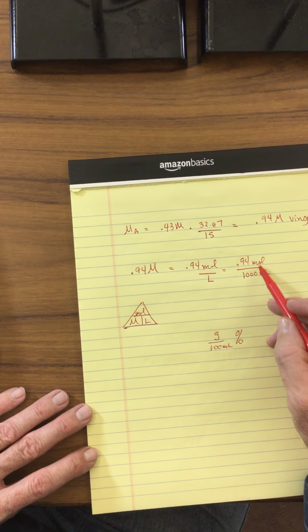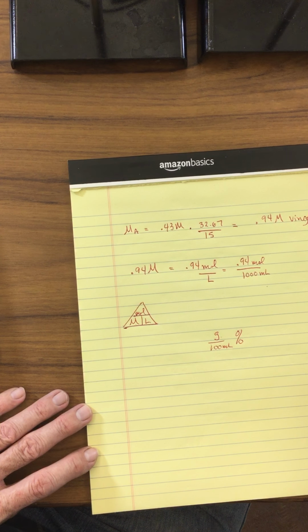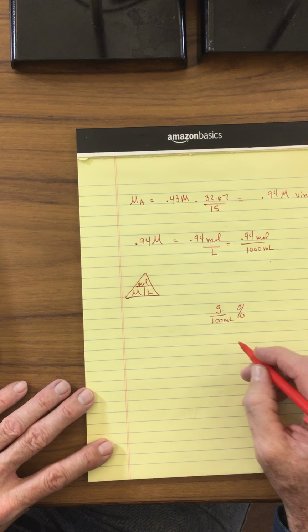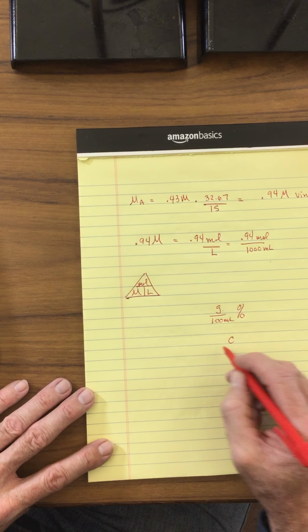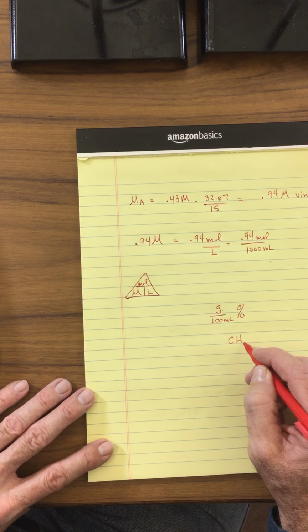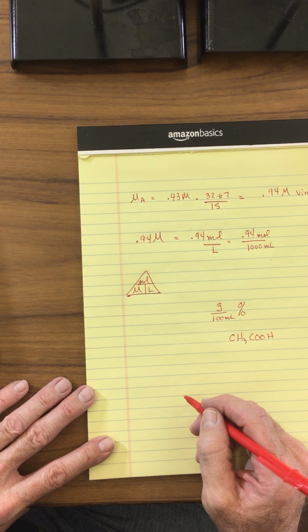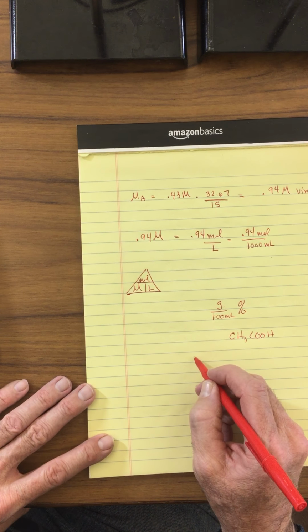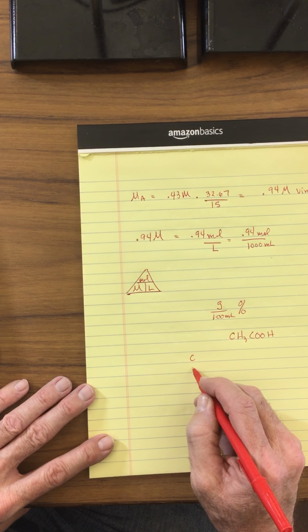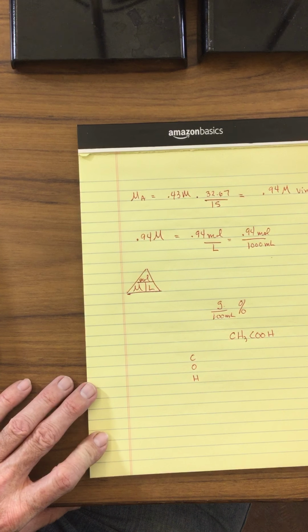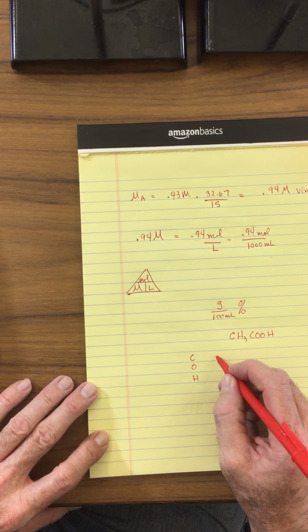I need to get my moles to grams, and the way to do that is to get the molar mass of vinegar. Vinegar is CH3COOH. So I have carbons, oxygens, and hydrogens. How many carbons do I have? 2.